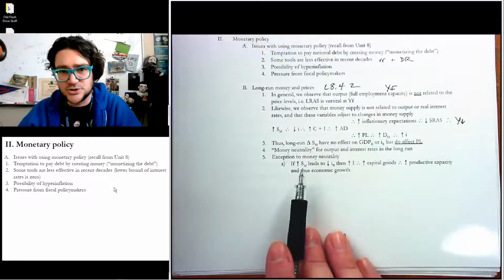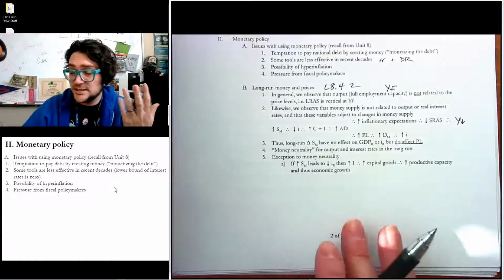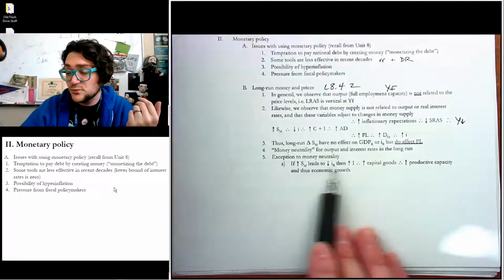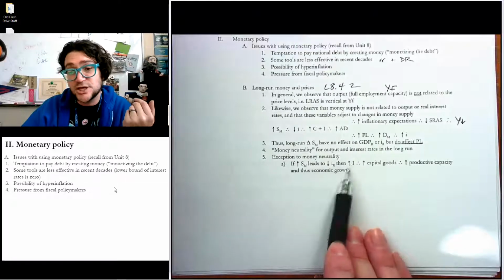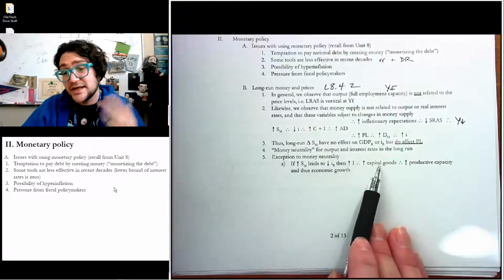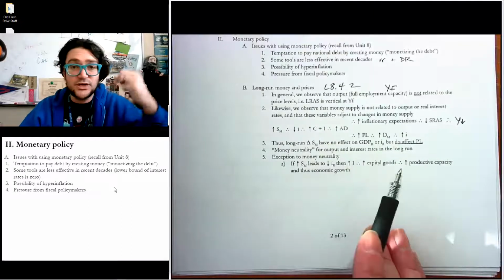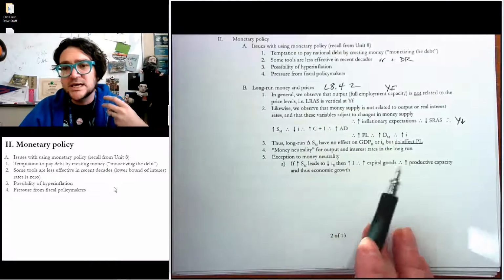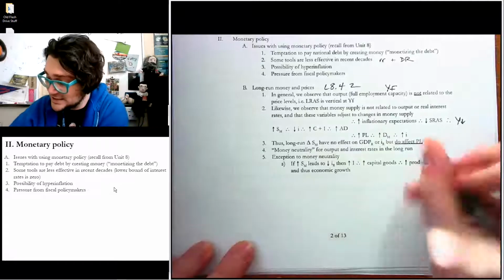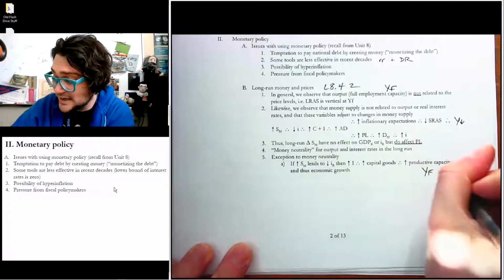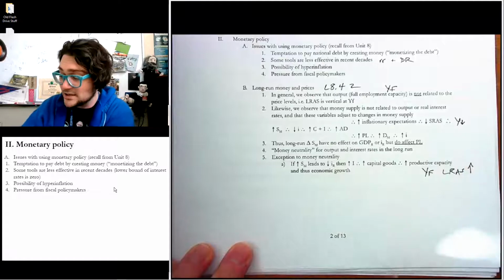There's the one exception to it that we learned about in Unit 7, and it's the idea that if you can really get the interest rate to change investment spending, then that can affect capital goods, right? Machinery, factories, buildings, which affects our productive capacity. This is why F or LRAS is going to go up.